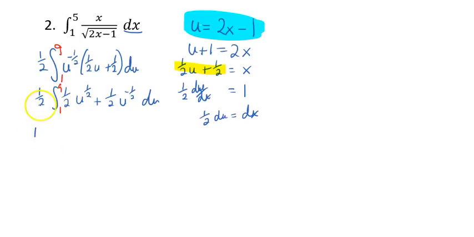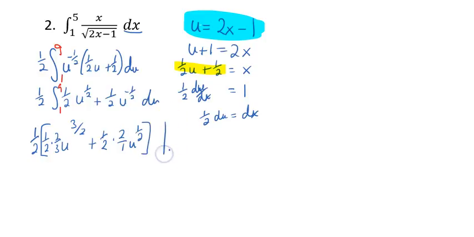So I'm going to bring down the 1/2 from the outside. I'm going to take my antiderivative, so that would be u to the 3/2. I still have the 1/2, but if I flip and multiply, I get 2/3. And I'll simplify in just a moment. And then here I'm going to bring down that 1/2. Add 1 here, I get 1/2, flip and multiply.